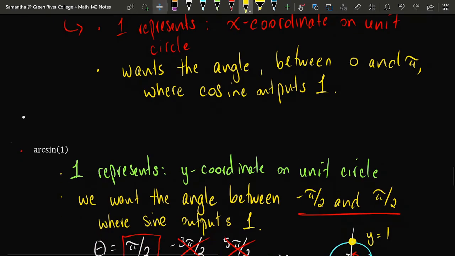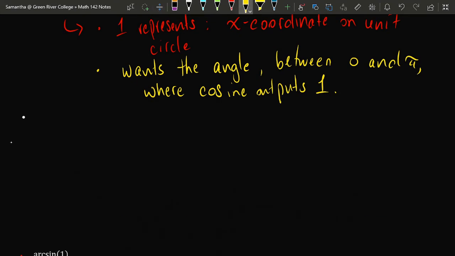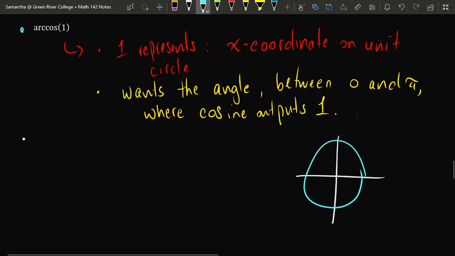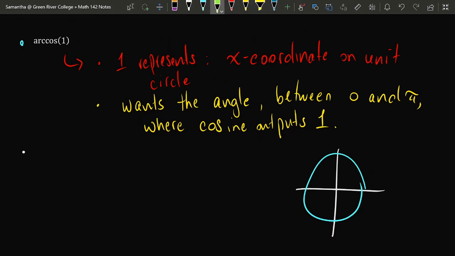So as usual, to answer this question, I'm going to look to the unit circle, draw a quick sketch, and I'm going to identify a location on this picture where the x-coordinate is equal to positive 1. There's only one coordinate with that property, which is on the far right side of the picture. Now there are several different angles at which this x-coordinate is attained. The first one being 0 radians, for example.